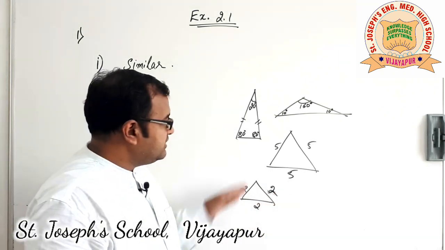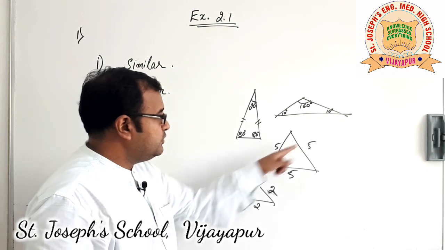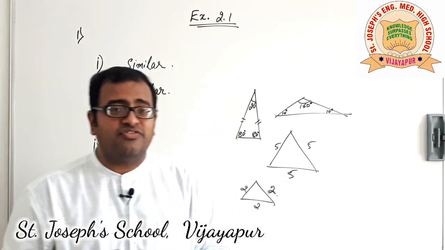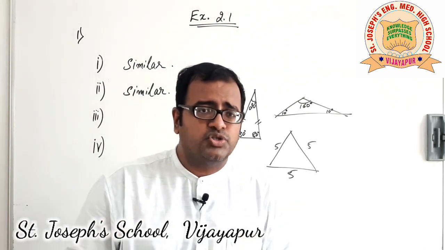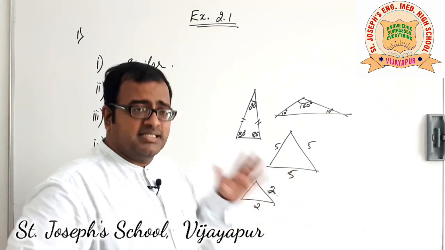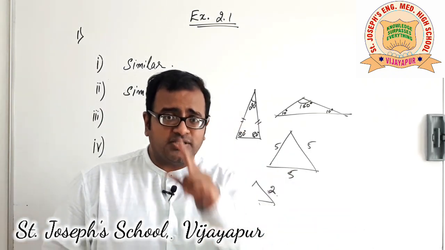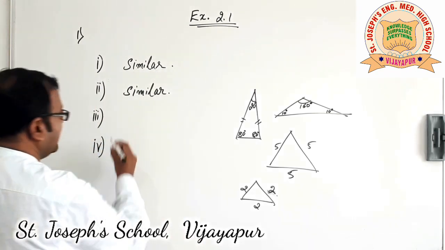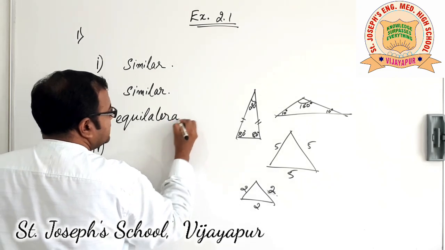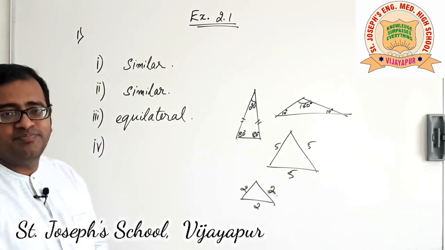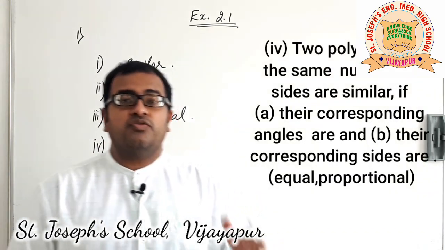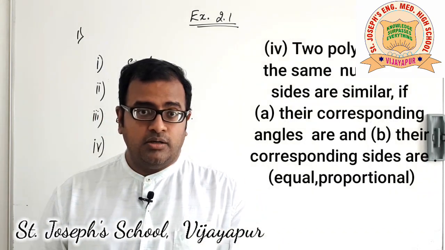Now, if I divide the corresponding sides 5 by 2, 5 by 2, 5 by 2, then my representative fraction will be 5 upon 2, or the scale factor is 5 by 2. That means they are similar. So, the equilateral triangles are always similar. So let me write the answer: equilateral triangles are similar.